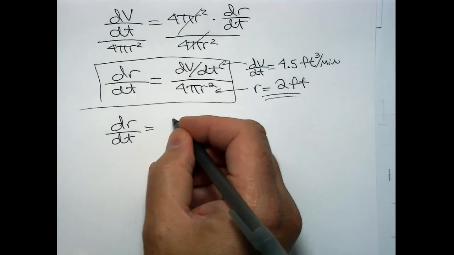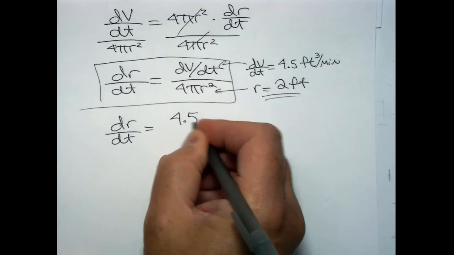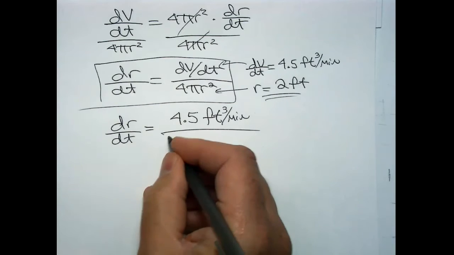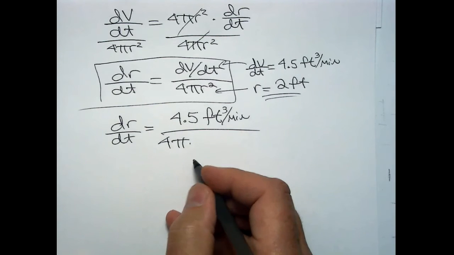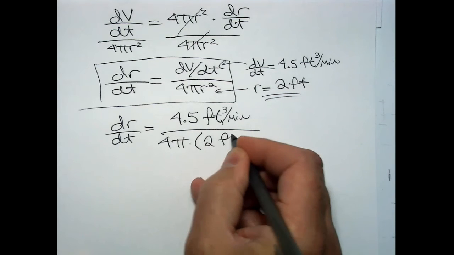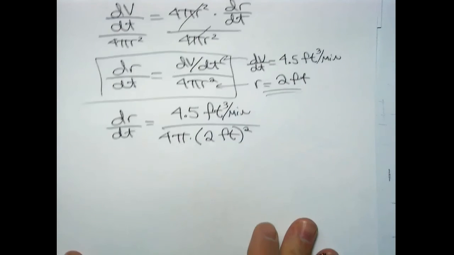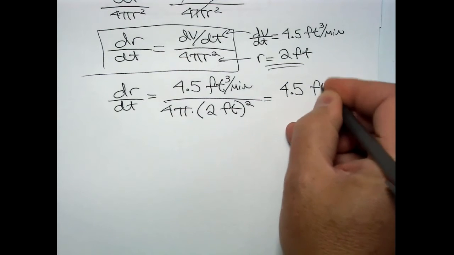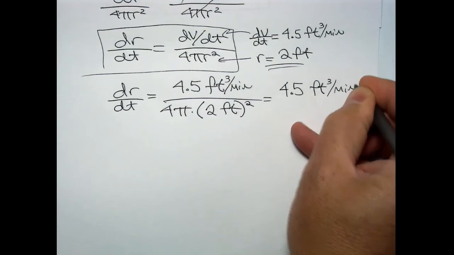It should be rapid. On the top, you have 4.5 cubic feet per minute. On the bottom, you have 4 pi r squared. So what is that? 4.5 cubic feet per minute, that's a rate or a speed.